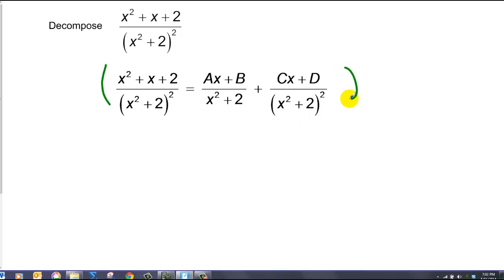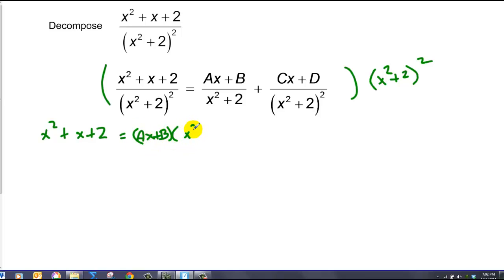Multiplying both sides by this quadratic squared, I get x squared plus x plus 2 equals ax plus b multiplied by x squared plus 2, plus cx plus d.